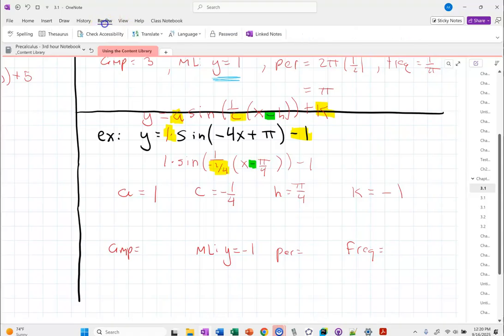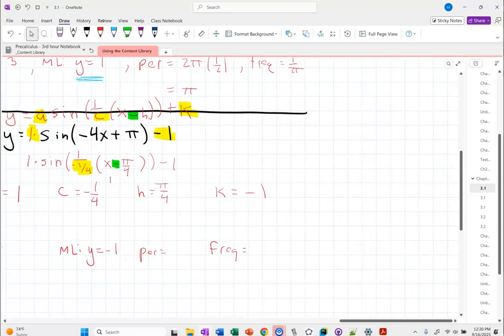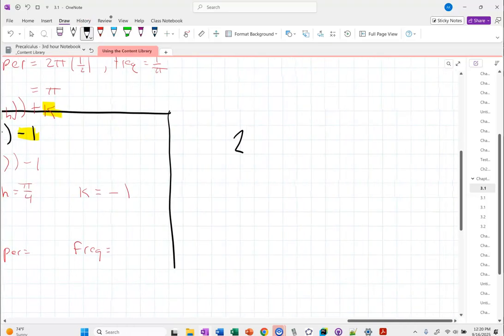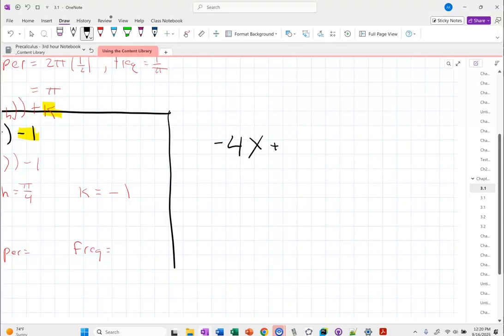Now I'm going to pause here and ask a follow-up. Is anyone confused at where Shaw got pi over 4 from? Yes. Yeah. Okay. I'm just going to scroll over and we're going to do this as an aside. So we had negative 4x plus pi.